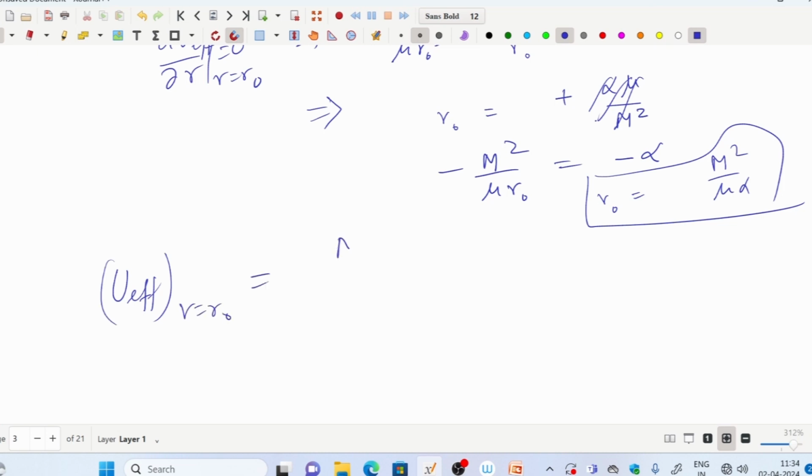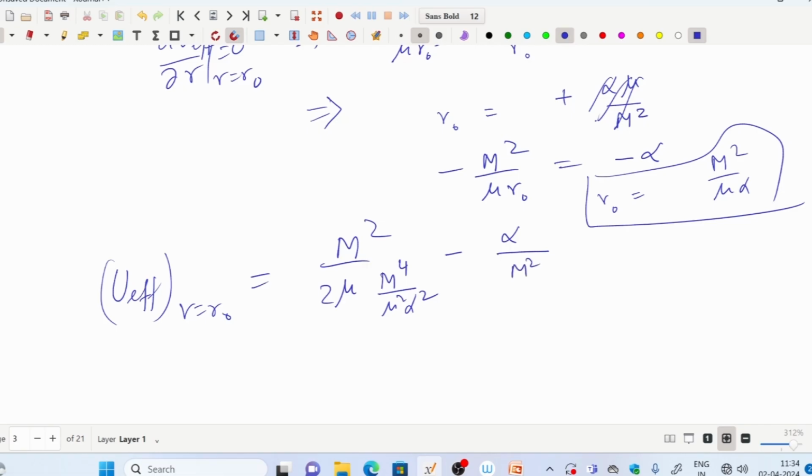It is m square by 2 mu r 0 square, with r 0 squared being m to the power 4 by mu square alpha square, minus alpha by r 0.